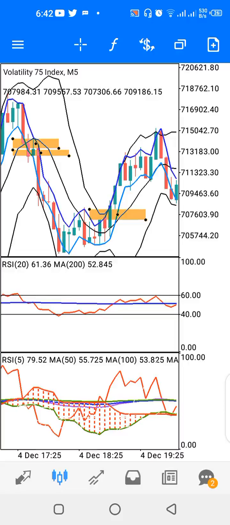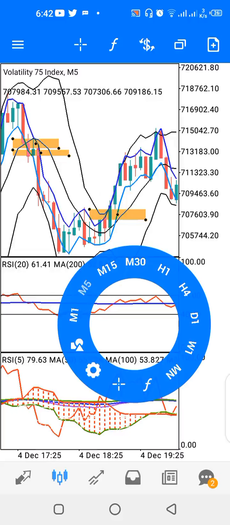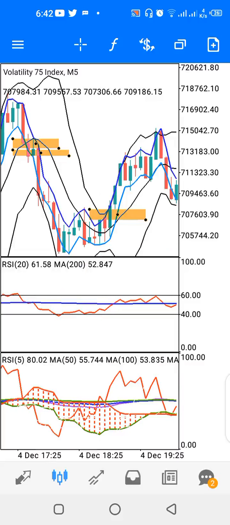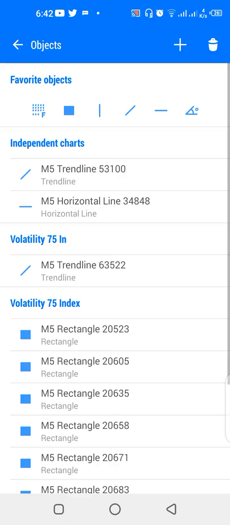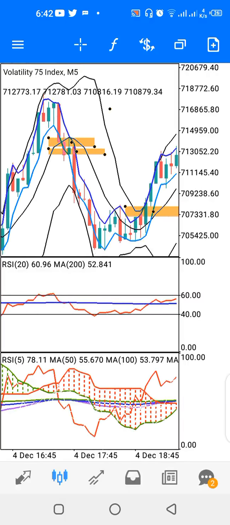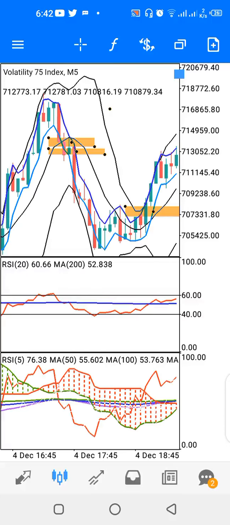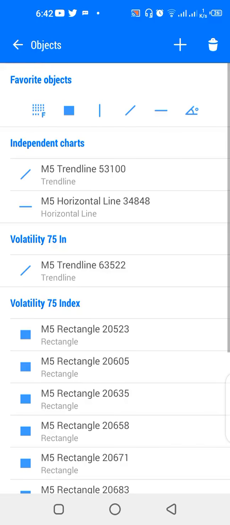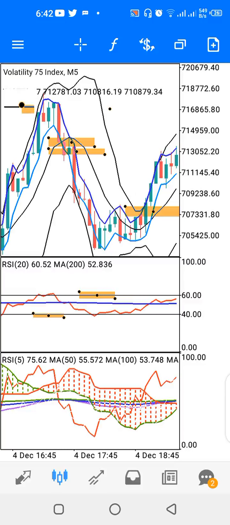So let's look at how that works. You can see the levels, the 60 and 40 levels, there's a 60, and there's the 40, forming an upper boundary and a lower boundary, for the red RSI line.